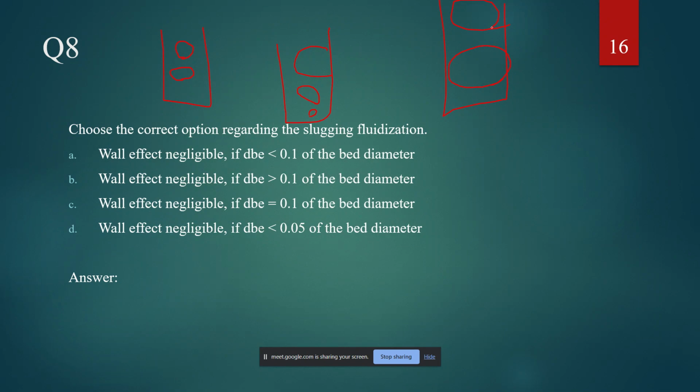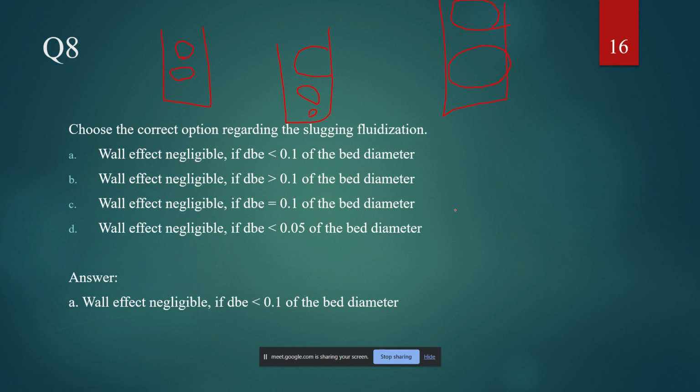So solids rain down in order to move inside the fluidized bed. So when does wall effect become significant? When dB is greater than 1 by 3 of the bed diameter. Or in other words, it becomes negligible when bubble equivalent diameter is less than 0.1 times of the bed diameter.